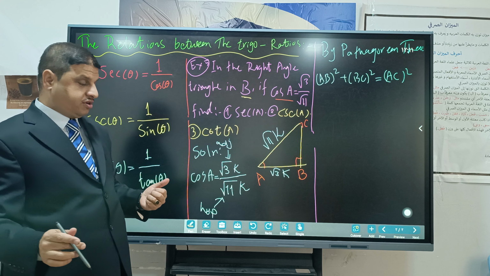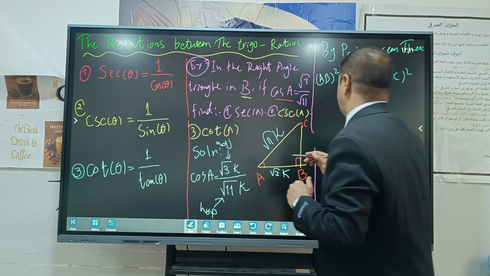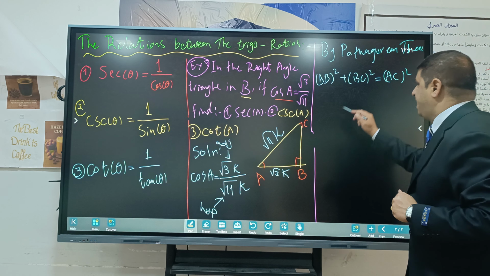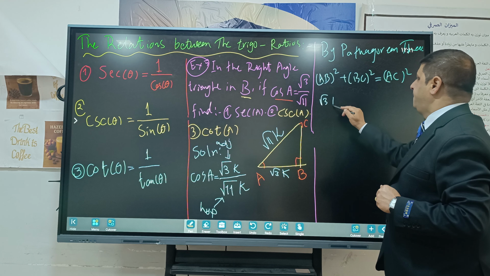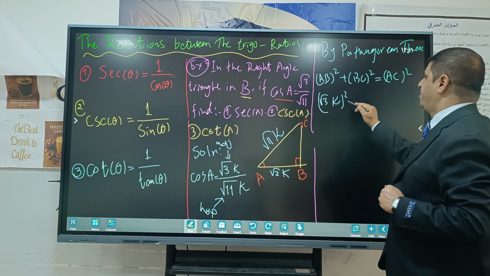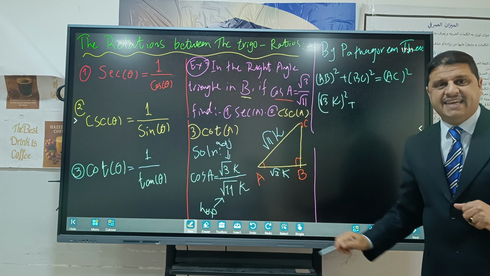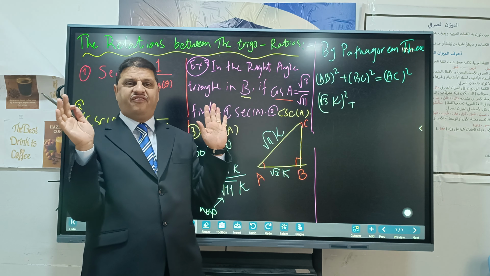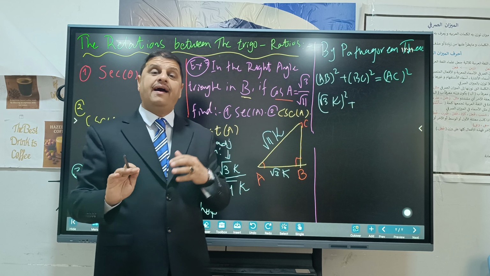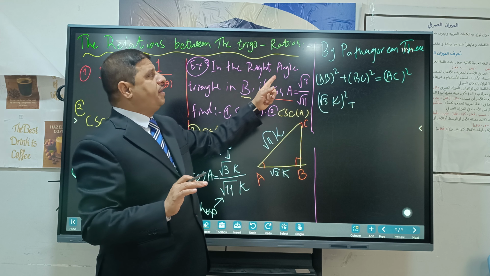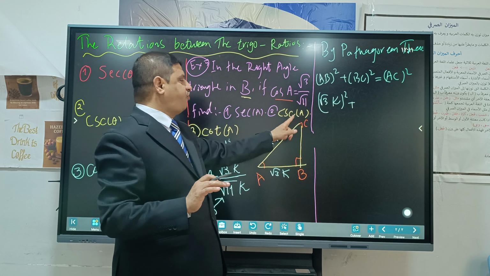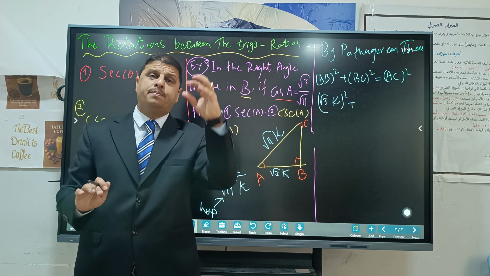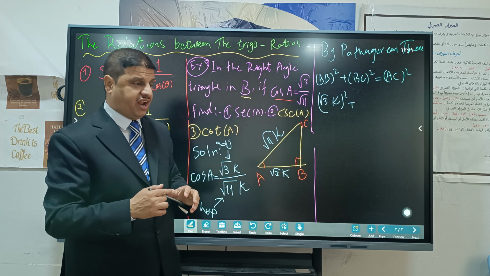There's no difference, okay? Now I will substitute the values. AB, square root of 3k, all squared, plus BC. BC is unknown. Thus, I went to the Pythagorean theorem so as to find the third side of this triangle.